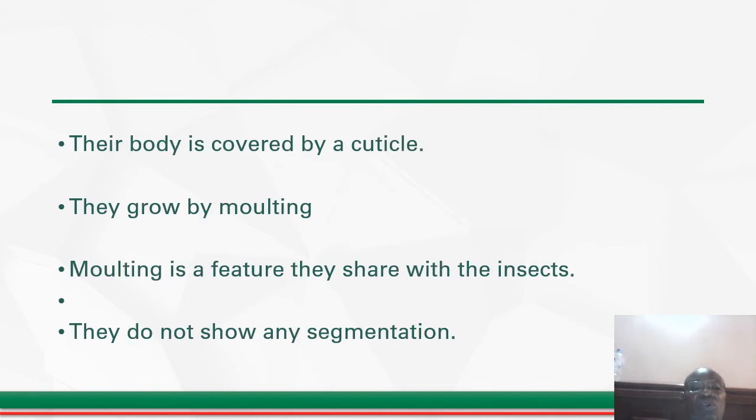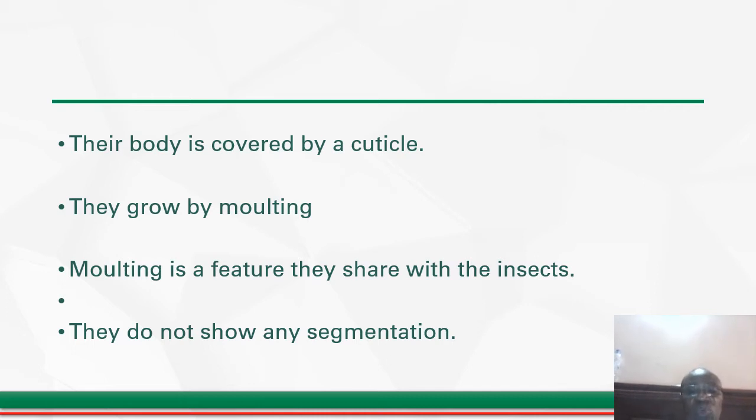Their body is also covered by a cuticle, and they grow by molting, just as we find in insects. Of course, during metamorphosis, insects undergo molting in some cases. So this group of worms also undergo molting during their growing process, and molting is a feature that is shared with insects.